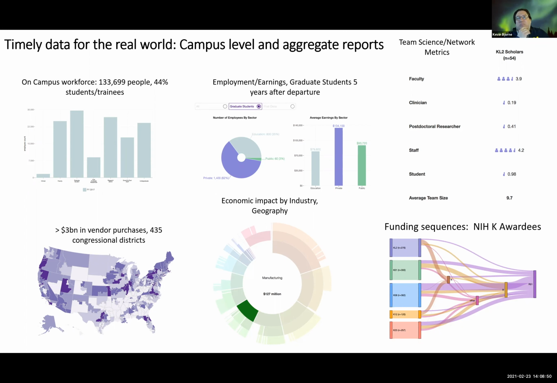We're also able to look at the industries that are directly affected by their relationships with these universities and how that impacts not only the amount of money that they take in, but the number of people that they're able to employ and the salaries that they're able to pay their employees through these relationships. And then we also look at success metrics for different programs. We have a special report that looks at the outcomes and produces success metrics on KL2 scholars, which is part of a CTSA program on the medical side of universities.